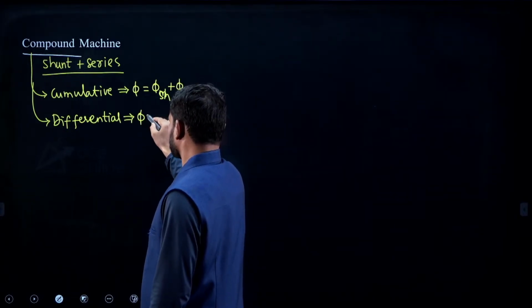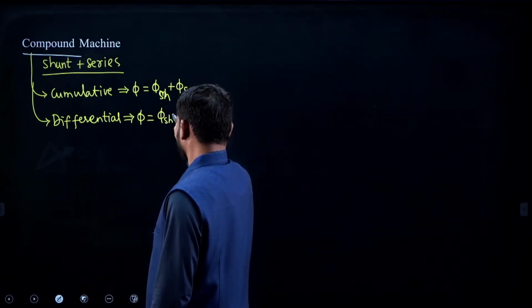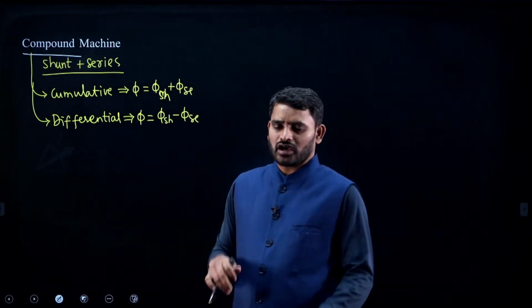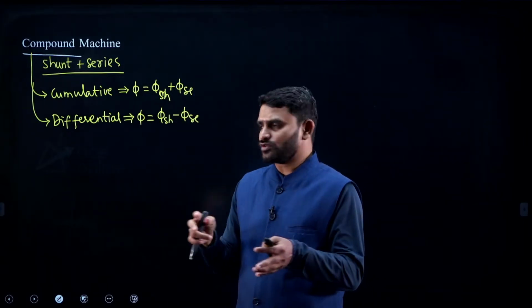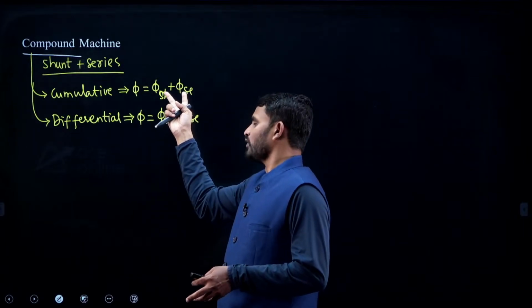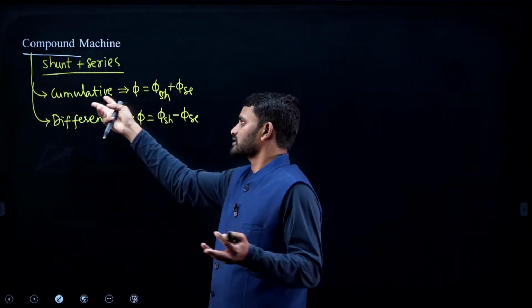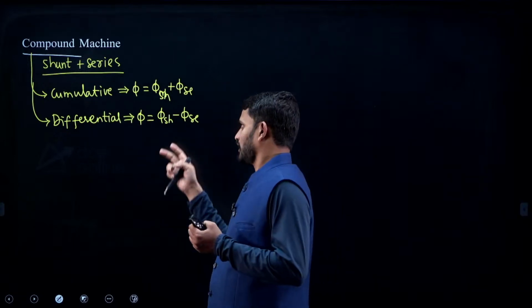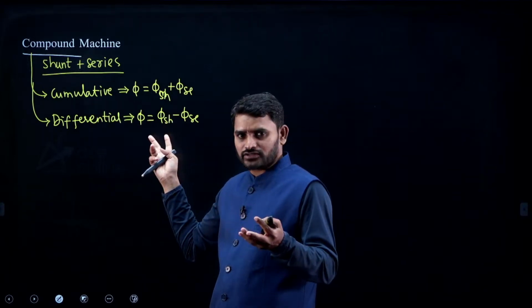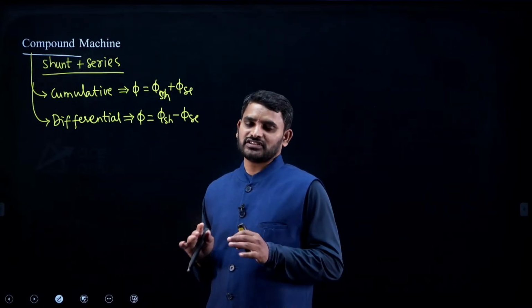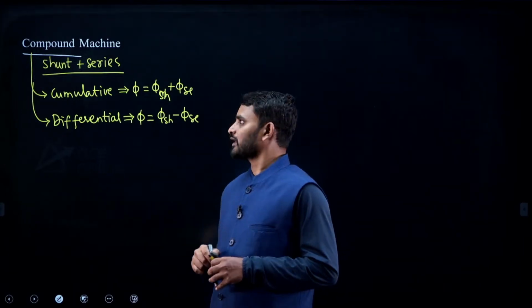In this case, the series field flux may oppose the shunt field flux. On the pole core you should place two windings such that if the two windings give an increased resultant flux, that is called cumulative. If the two windings give a lower resultant flux, that is called a differential machine.